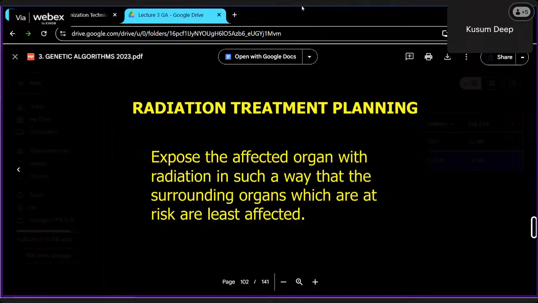But the problem that I'm sharing with you is called the radiation treatment planning problem, which says that we want to expose the affected organ with radiation rays in such a way that the surrounding organs which are at risk are least affected.